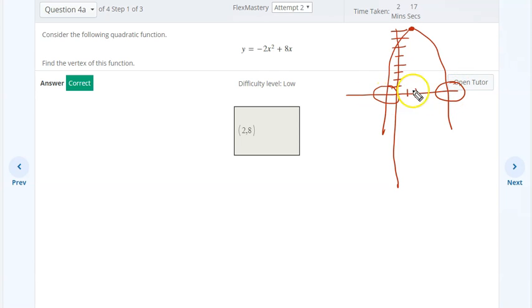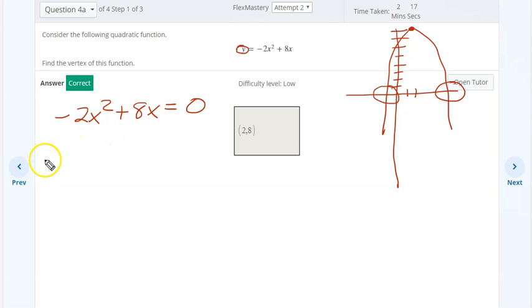We need to solve this equation for the zeros. So once again, how do we do it? Well, we go -2x squared plus 8x equals 0. y is 0. We're finding the zeros.